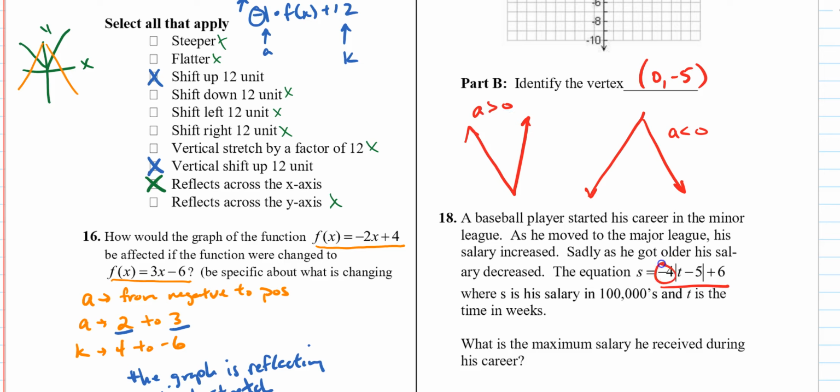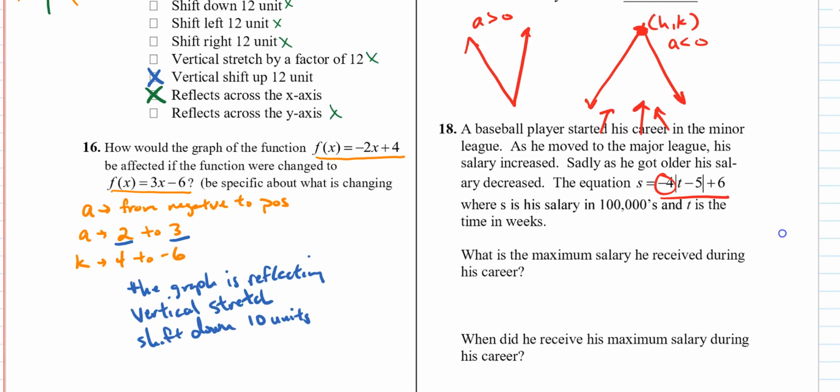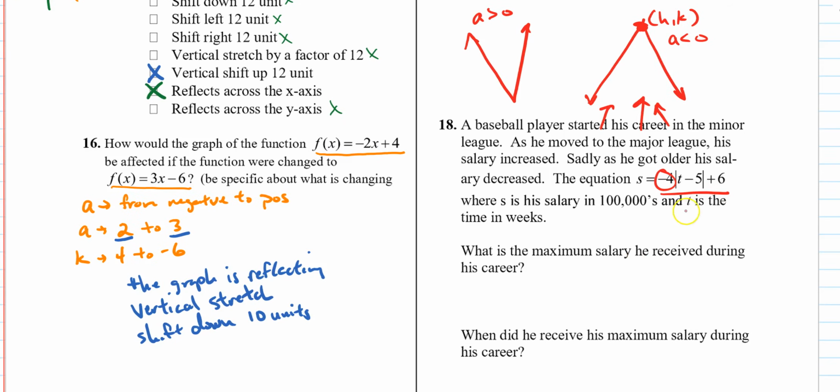In this case, A is negative, so we have this graph right here. And when we look at that graph, the maximum, the largest value we're ever going to reach is here, which is at the point that we already know how to find H and K. Well, where is that at? Maximum salary is going to happen at 5, 6.